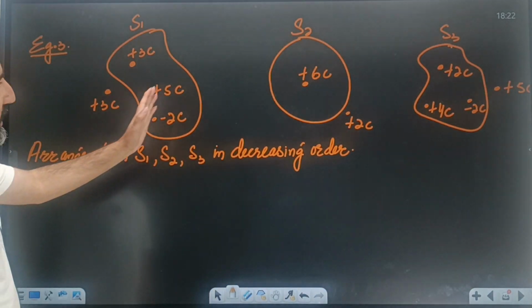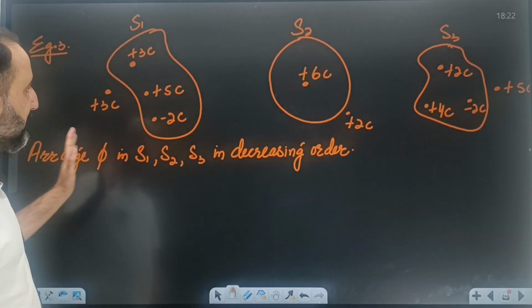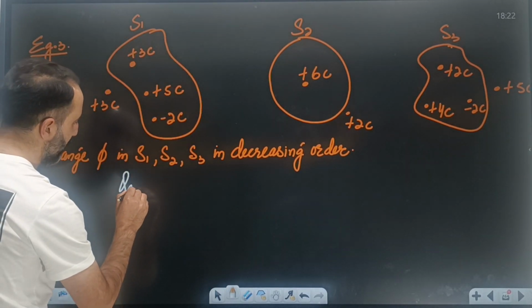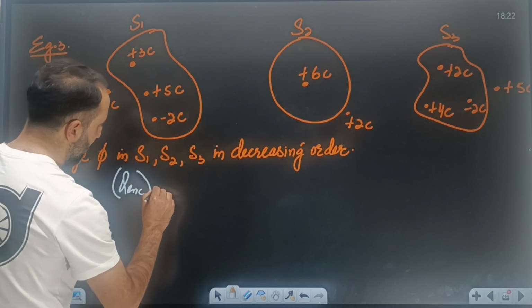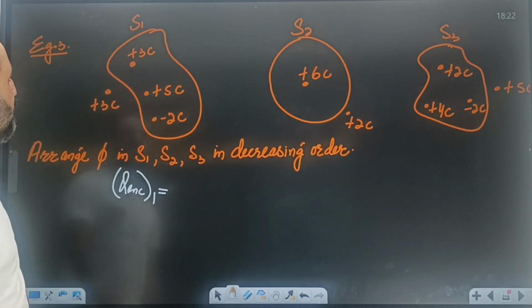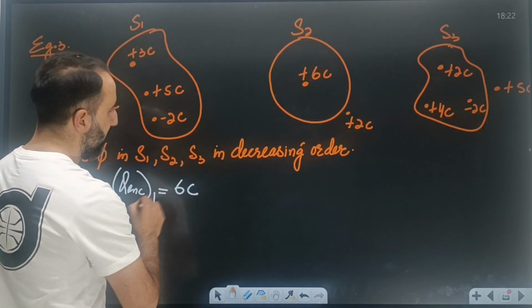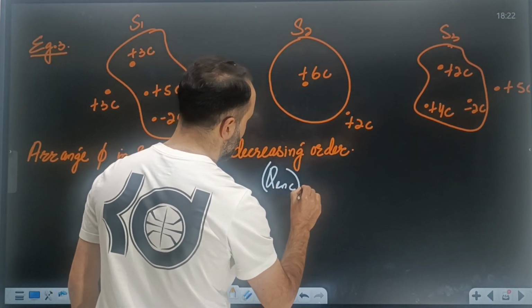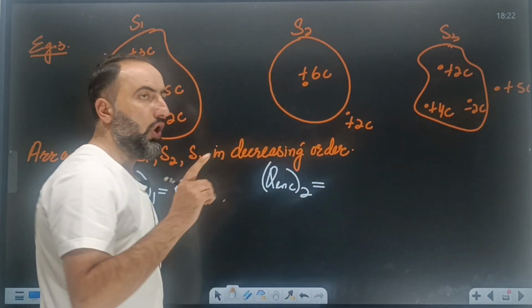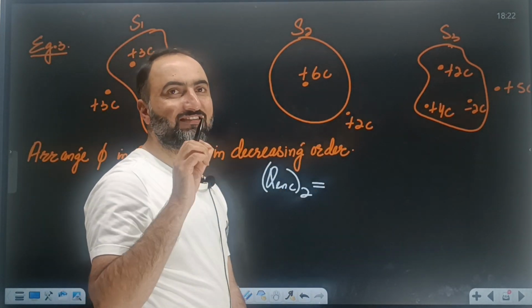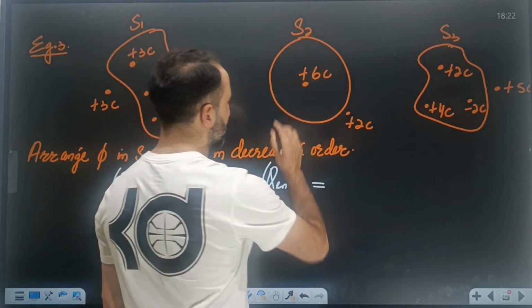Okay. These are three surfaces, and you will have to write down the flux in decreasing order. First and foremost, write down what is Q enclosed in surface number 1. That is 5 plus 3 is 8, 8 minus 2, that's 6 coulomb. Write down what is Q enclosed in surface number 2, because the flux is contributed by only that charge which lies inside. The charge that is outside has nothing to contribute to the flux. So this is here what?